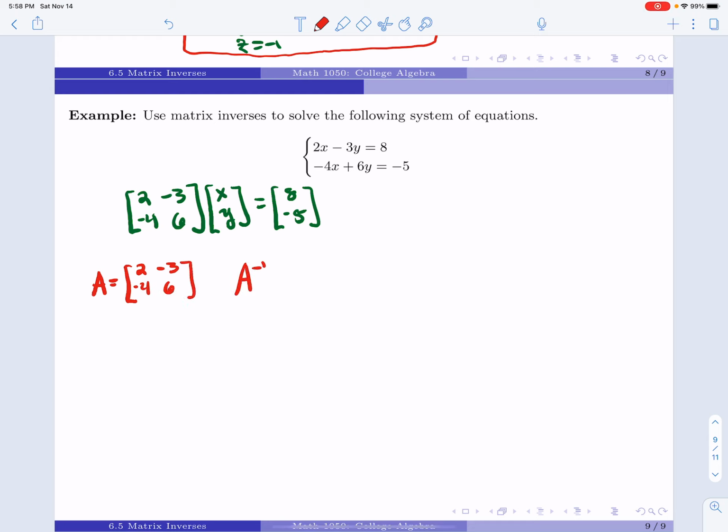Then A inverse is equal to, we can use our formula that we derived. Maybe let me just write it in the corner.